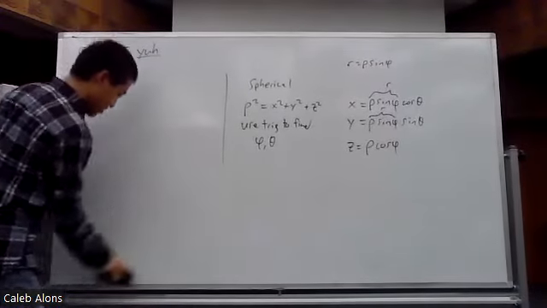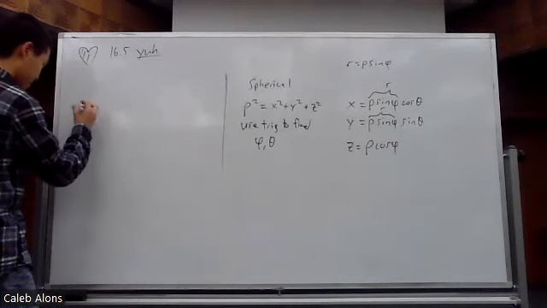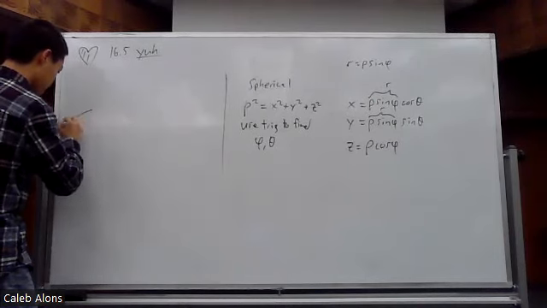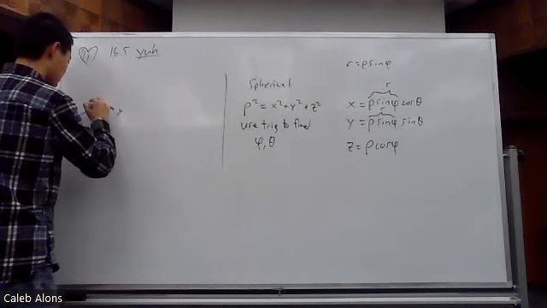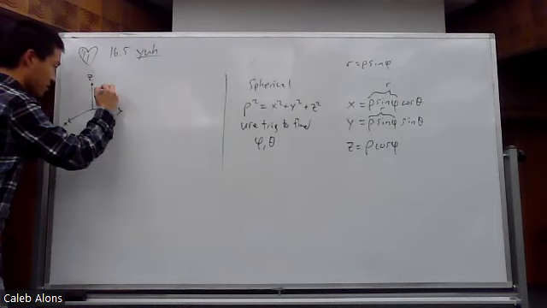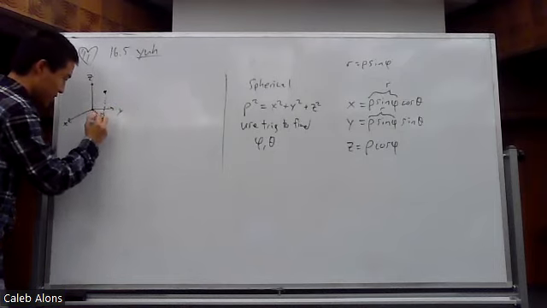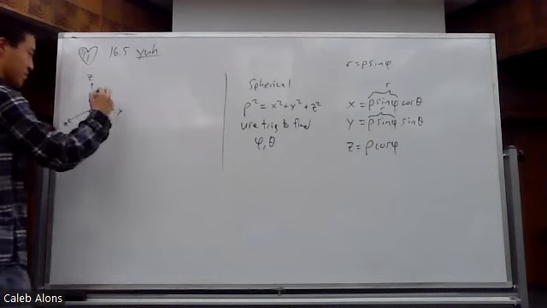So what's going on is if I have that x, y, z, choose a point. Wow. Oh my goodness. 90 degrees. Theta.